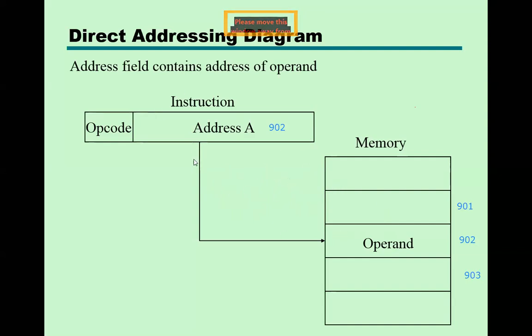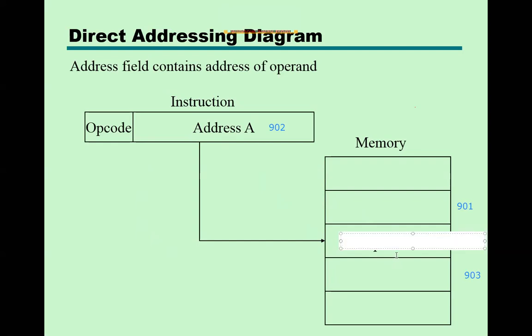So here, in direct addressing mode, the address is written, and we map this address with the memory. 902 is there, so whatever the operand value is there, we fetch it by the address. Now here you will also get advantages.